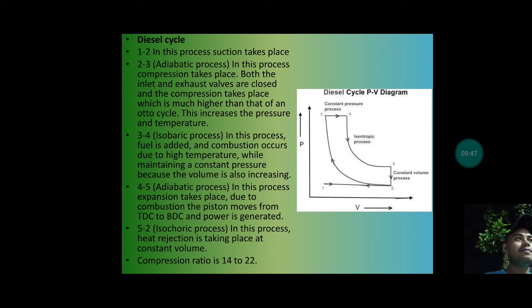And then after that, 3 to 4, fuel is added, and as fuel is added, combustion occurs, thereby expanding and pushing the piston downward. As the piston goes downward, pressure is maintained at its highest. The piston is pushed by the combustion, and that's 3 to 4. And then after that, 4 to 5 is the time in which expansion takes place.